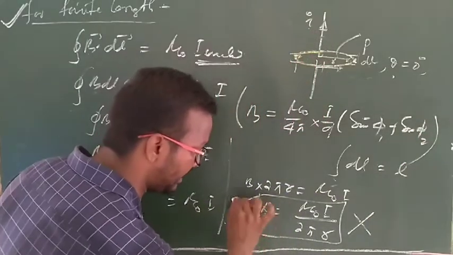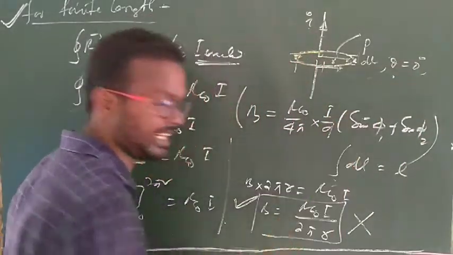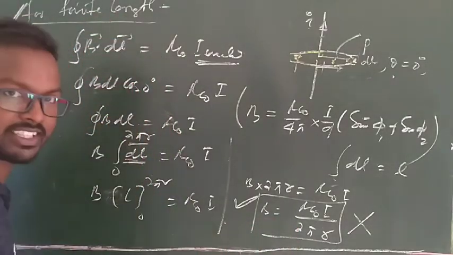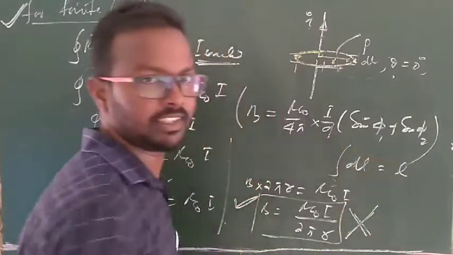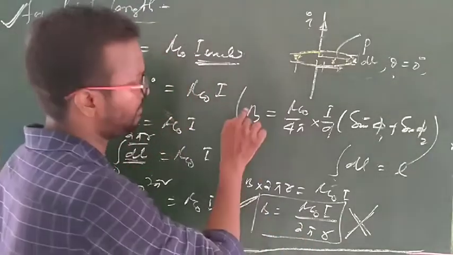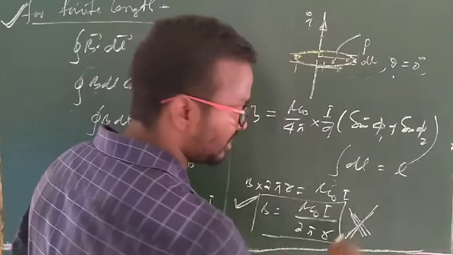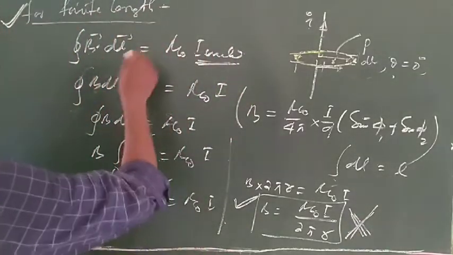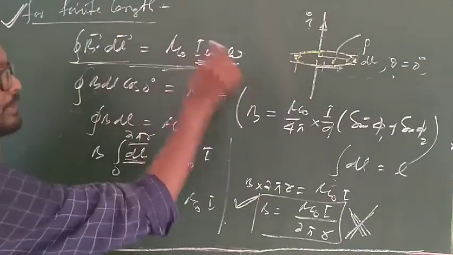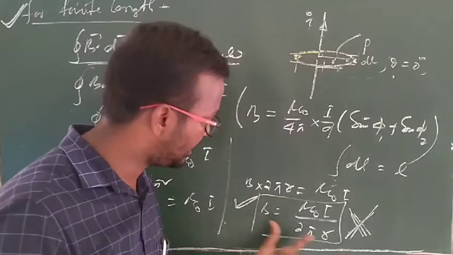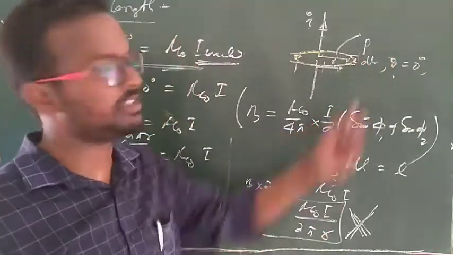So this relation derived using Ampere's circuital law is incorrect for a finite length. Clear?